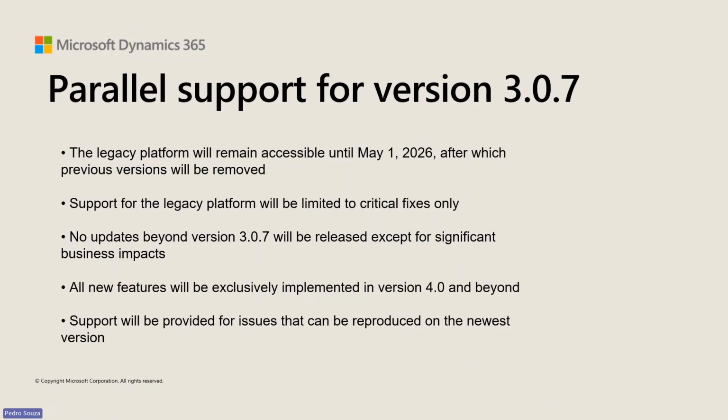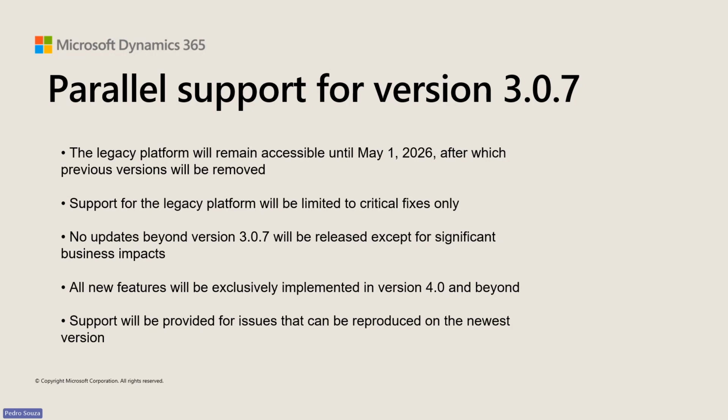Now, when it comes to parallel support, on version 3.0, the legacy platform will be accessible until May 1st, 2026. After that, we'll delete the version from App Center. And the support for 3.0 will be limited to critical fixes. So if you say, I would like to have this feature implemented on 3.0 because I don't want to go to 4, that won't be possible.